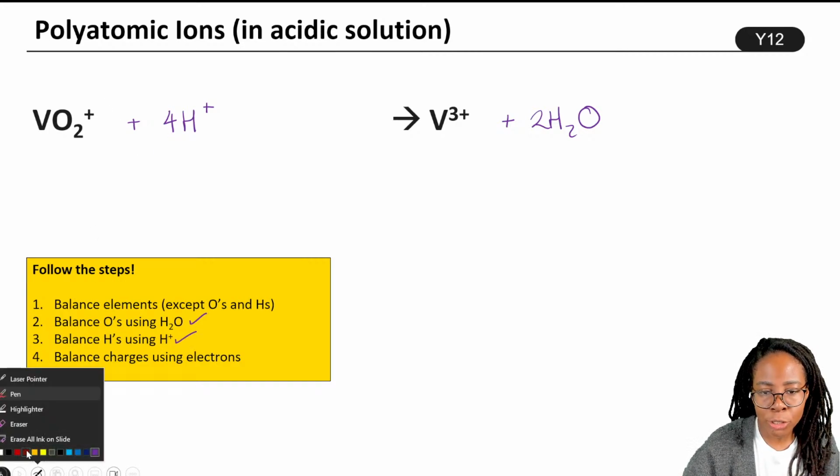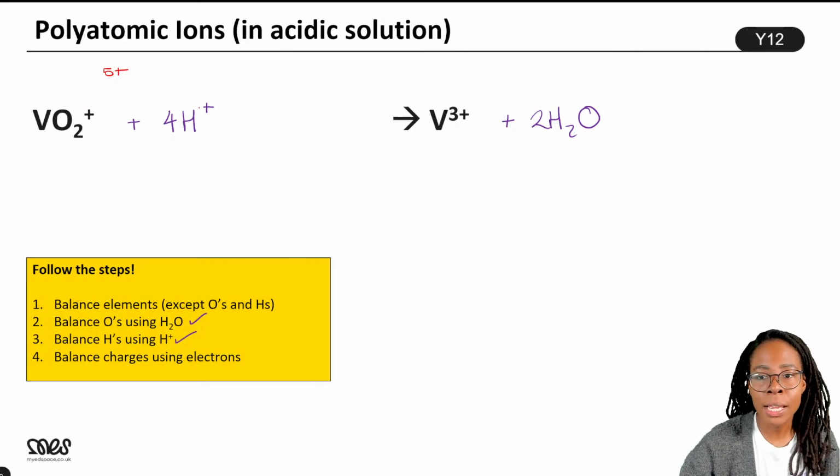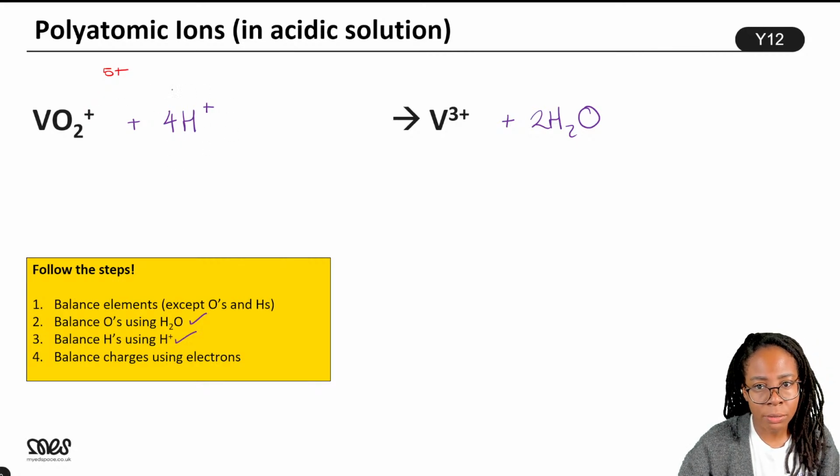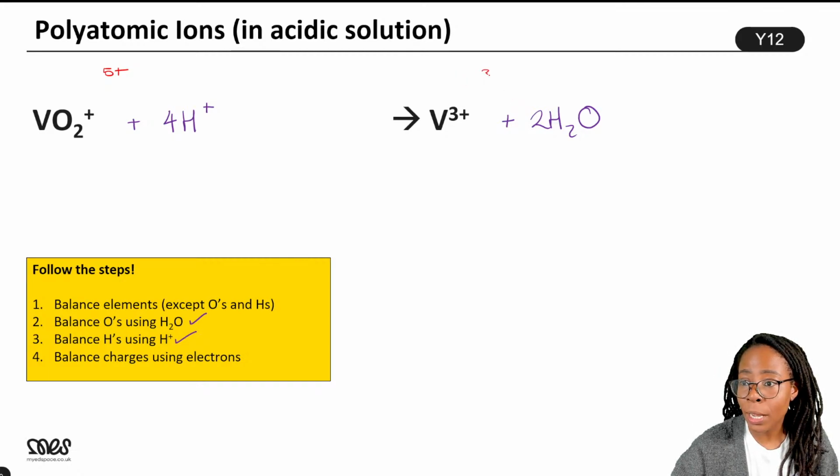At the moment, the total charge on the left-hand side is 5 plus, right? 1 from the VO2 plus, and then 4 from the H plus. On the right-hand side, the overall charge is 3 plus. So how many electrons? Oh, not 7.